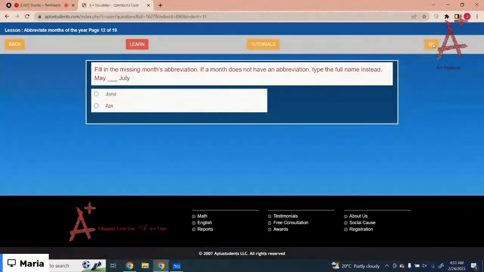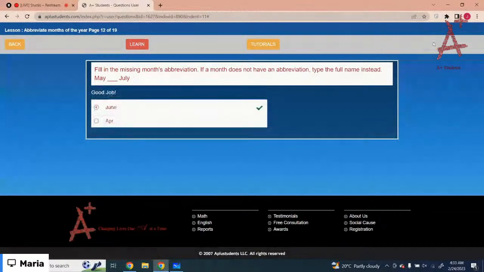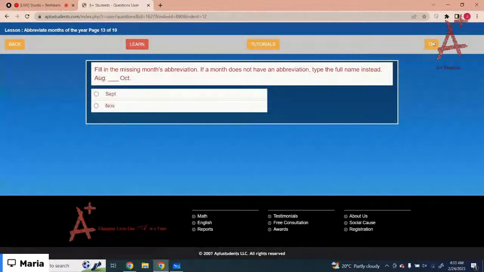Okay, the next one is May and July. Which is the month between May and July? The month between May and July is June. Got it? You don't have to abbreviate June, you have to write it as it is. June, July, May, June, July. Okay, the next one is October, dash, November, August, dash, October.